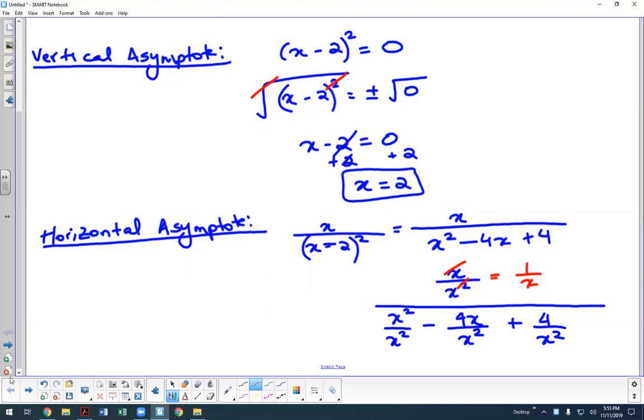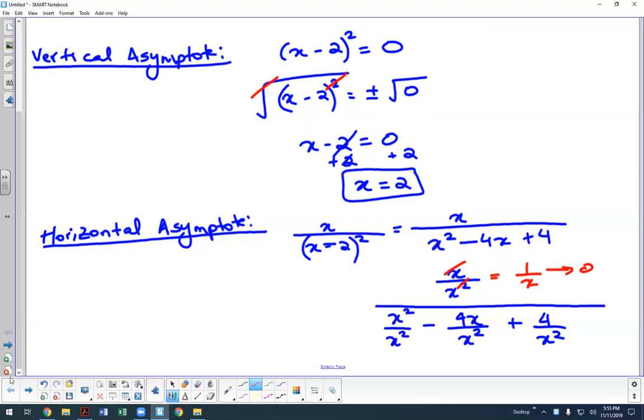Remember how last time we took the 500 and divided it by large denominators, 999, 9099, and all of those. So anytime I have a constant or a smaller value in the numerator and a larger value, or basically an x in the denominator, as x gets really large, my fraction will get really, really small. So x over x squared, or 1 over x, will start going towards 0.